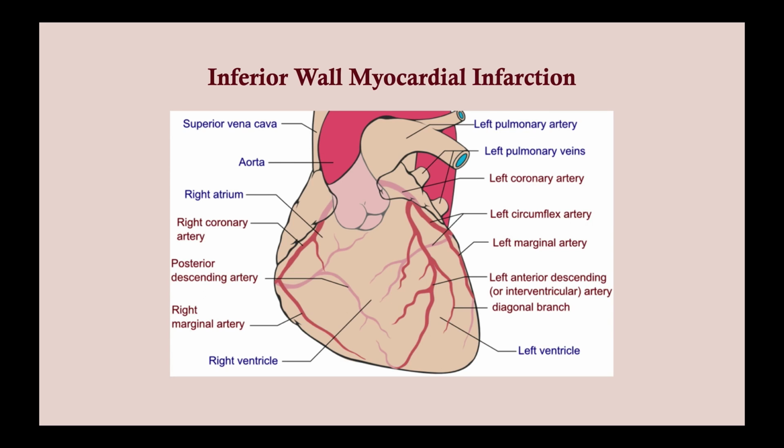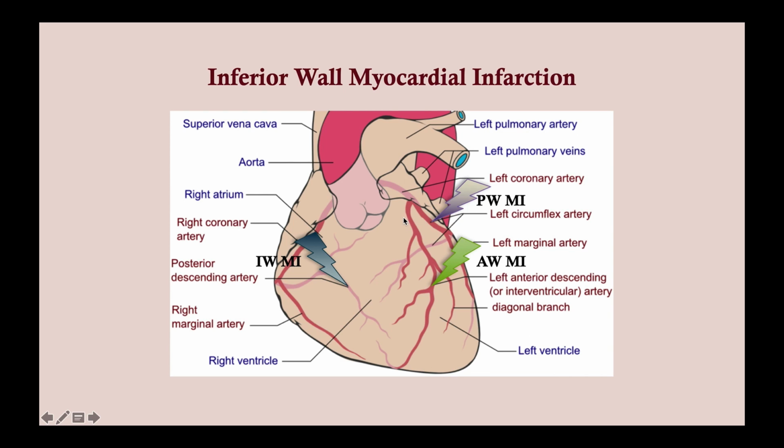Well, let's look here. So it's important to know where each of these arteries cause an MI. And an anterior wall MI, as you know, is going to be caused from an infarction of the left anterior descending artery, particularly the diagonal branch. So right here.